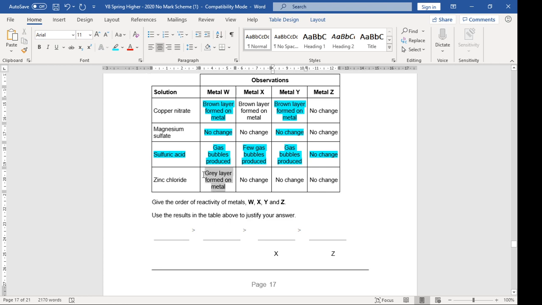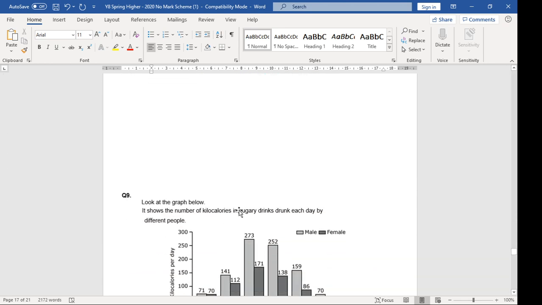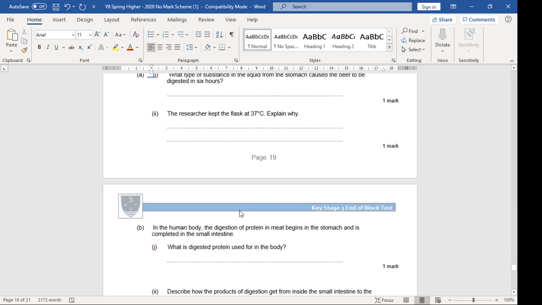So then if we have a look at the last one, well, if the metal's more reactive than zinc, what would happen is it'd remove the zinc from the chloride, and then the zinc would be displaced and would get a grey layer of zinc. So what we can conclude is that metal W is the most reactive, and then we'll go for metal Y. You would then explain that in those sentences.